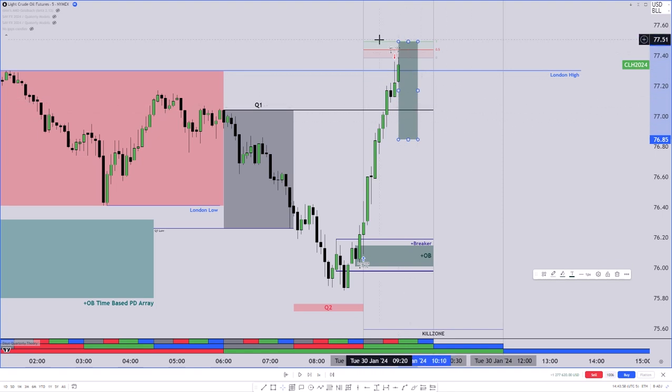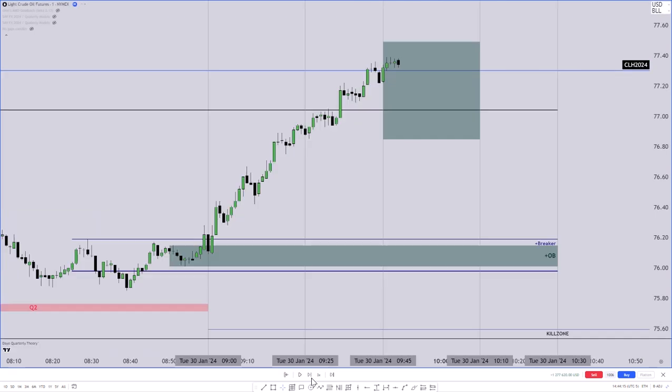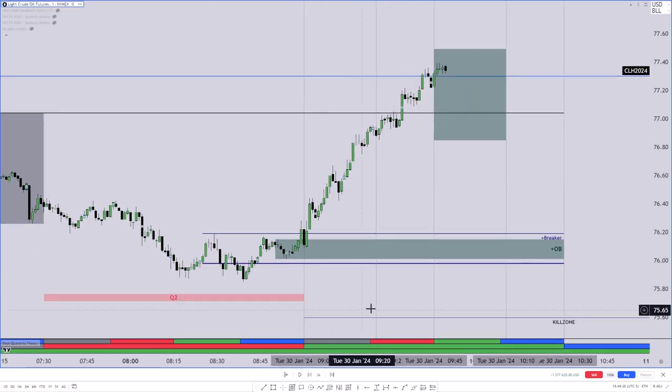Therefore, if we were to divide this range into quarters like this, it's not perfect, but it's good enough. We can go to the 1 minute time frame, then let's see if price is going to refine it.